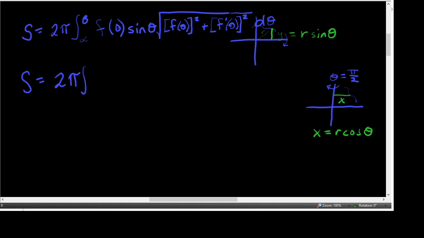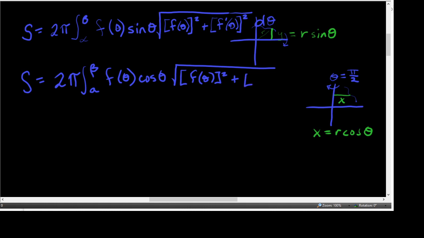All right, so that formula would be from alpha to beta, f of theta cosine theta, then times the square root that we've seen before, f of theta quantity squared plus f prime of theta quantity squared d theta.